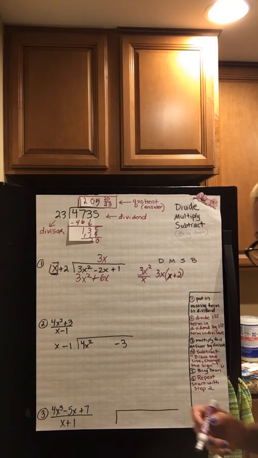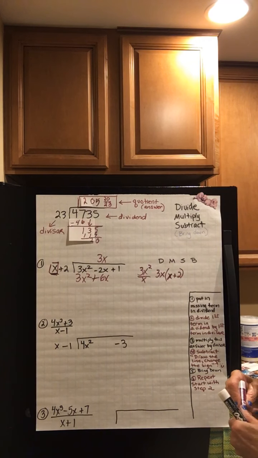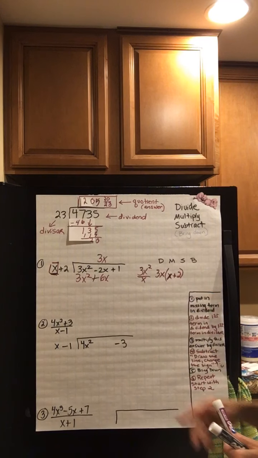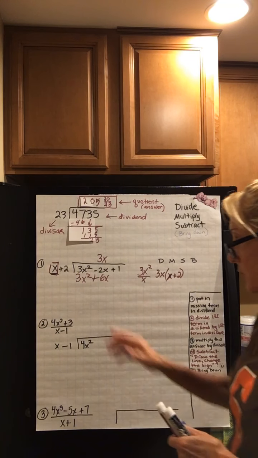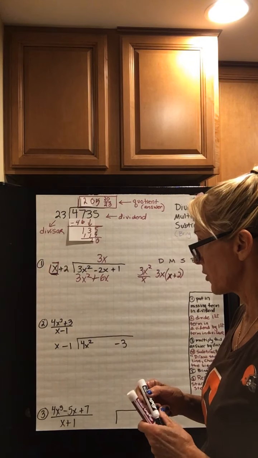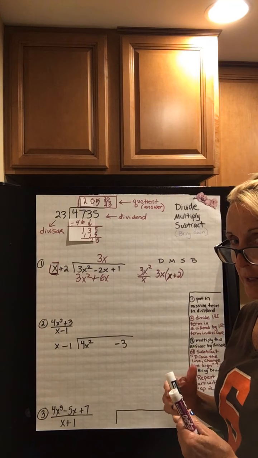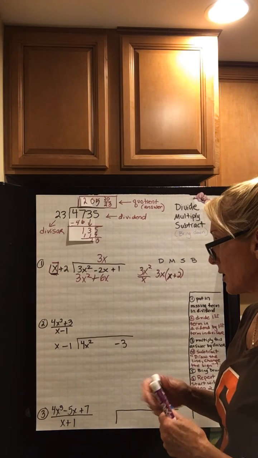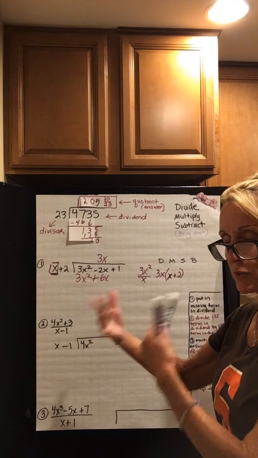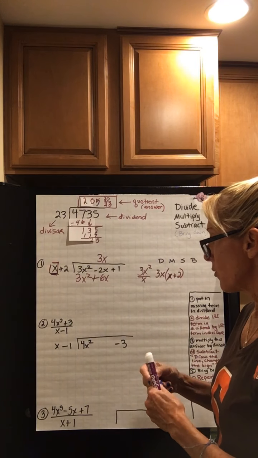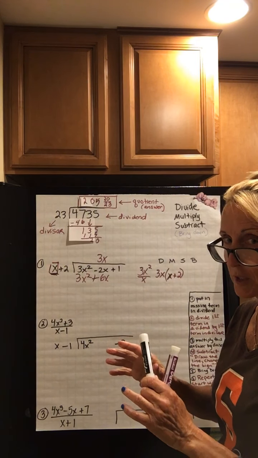Now we're going to subtract. Now, here's something that we're going to do when we subtract. We're going to subtract this whole thing. So I have this little saying, and I want you to watch this. When we subtract, remember how you have to distribute a negative? So listen to my saying, because I'm going to say it a lot.